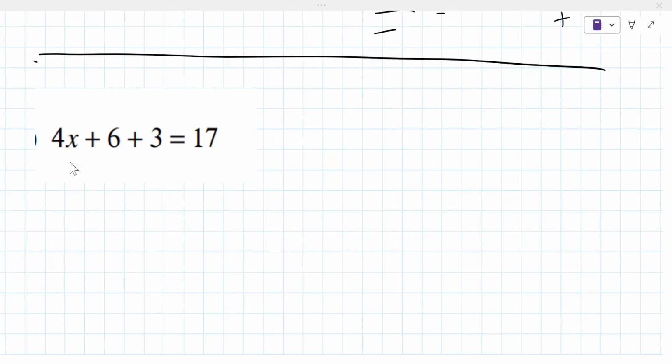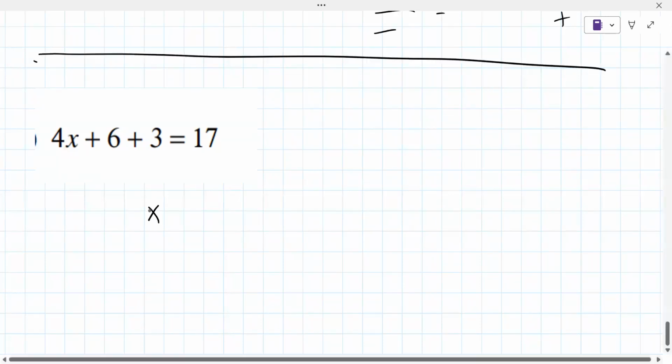And then you divide, yes. So you would divide them both by 4. Yes, and so it would be 2 equals x. x equals 2, yes, the other way around.